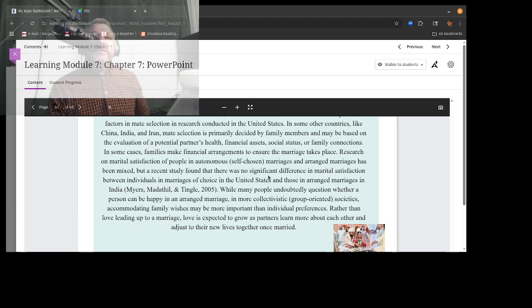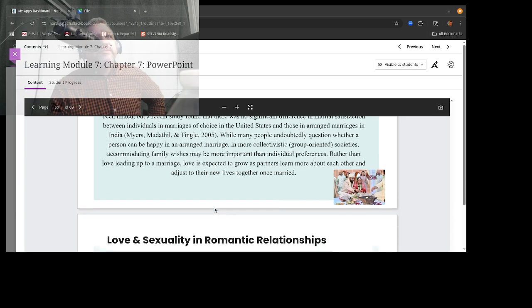Now, what's interesting is that research on marital satisfaction of people in autonomous, which is self-chosen marriages, versus arranged marriages, has been mixed. But there's no significant difference in marital satisfaction between either of those. And both of them have similar fail rates. In fact, arranged marriages fail a little less frequently, but you could say, well, that could be due to cultural constraints. Okay?